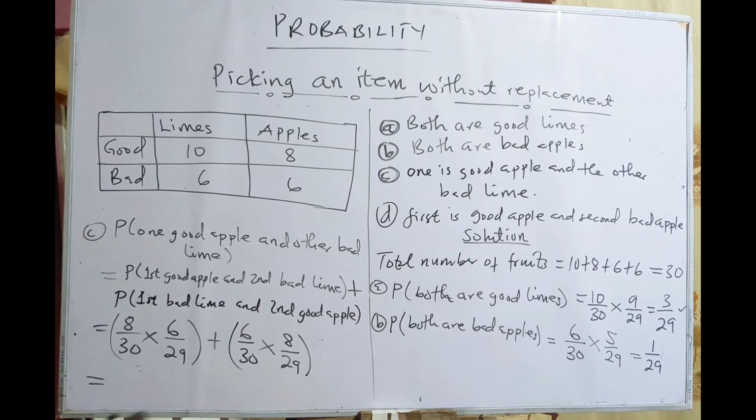If the first is a bad lime, that will be 6 over 30, and the second is a good apple, the apples will still remain 8, but the total will reduce by 1 since it is without replacement. 8 over 30 times 6 over 29. That will give us 8 over 145.